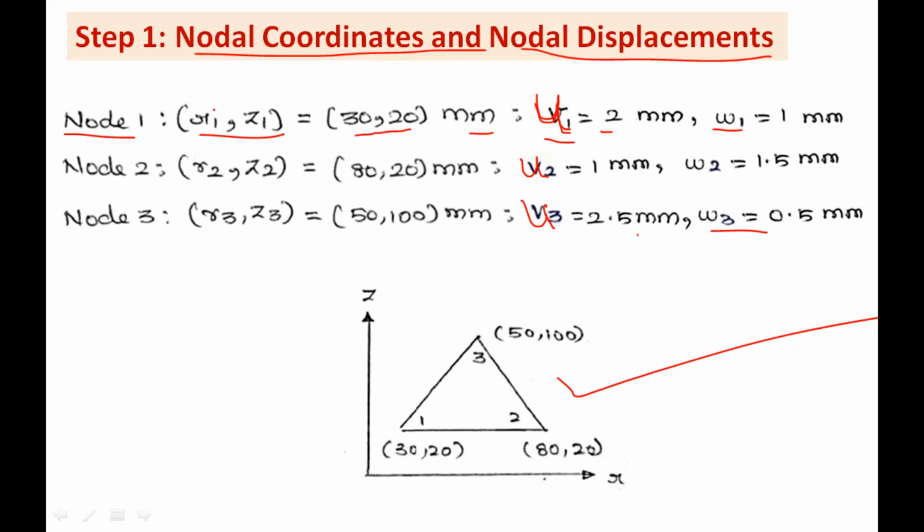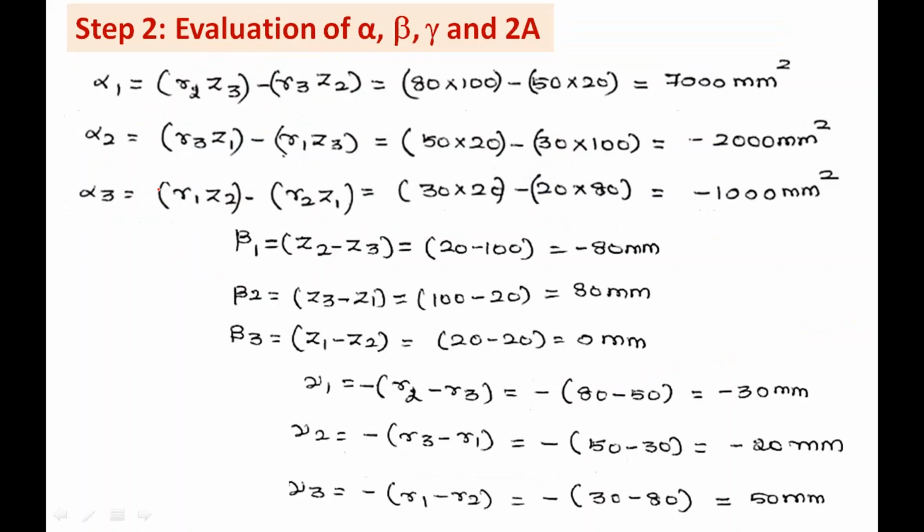Now using these nodal coordinates, we are going to find alpha, beta, gamma, 2A. Then we have to find the B matrix using these nodal coordinate values. Using the material property, we are going to find the D matrix. Let us see. In an axisymmetric problem, we have to find the alpha values also.